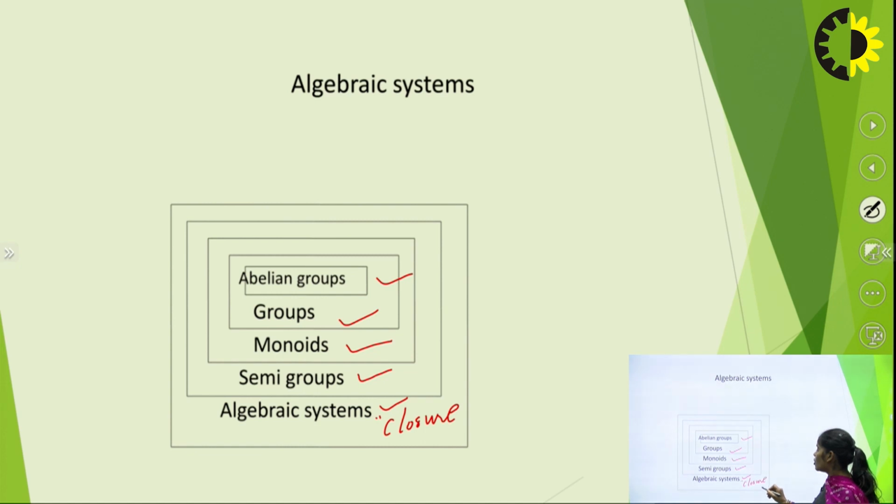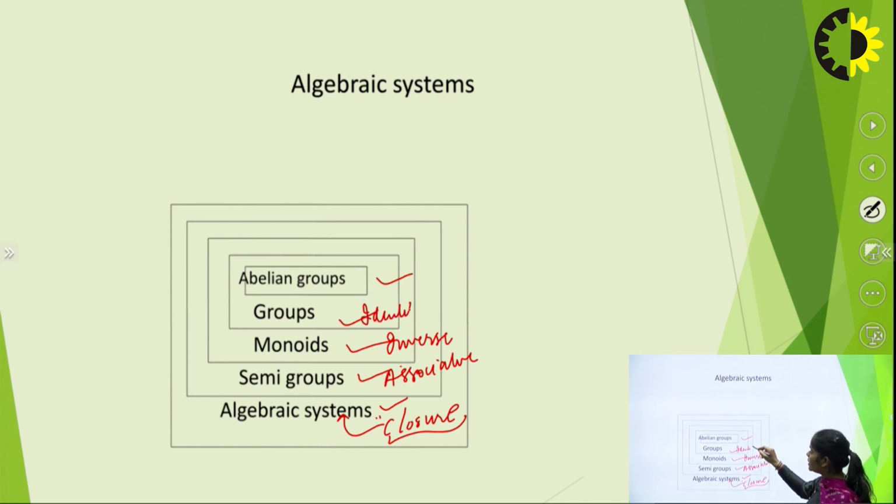If any set on the given operator is closure, then only we say this follows an algebraic system. In case of semi-group, one more property is added, that is associative. In case of monoid, we take identity, and in case of group, we take inverse.